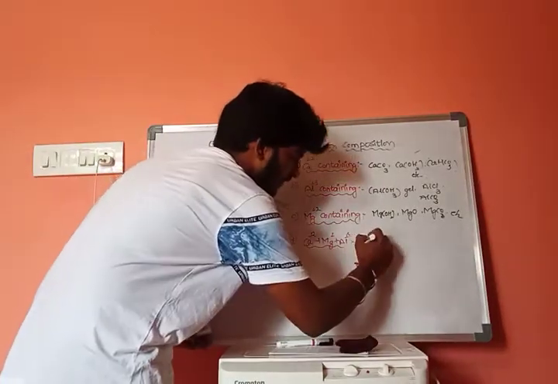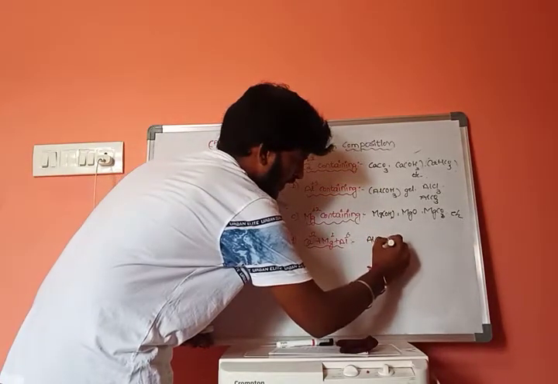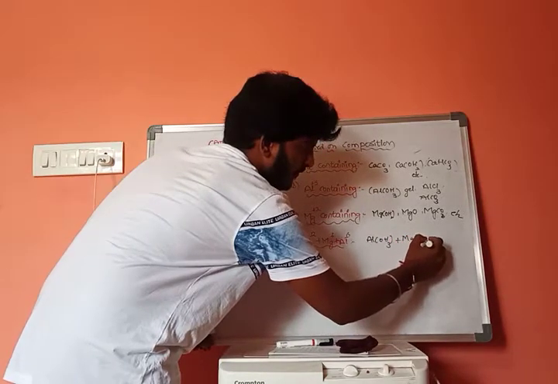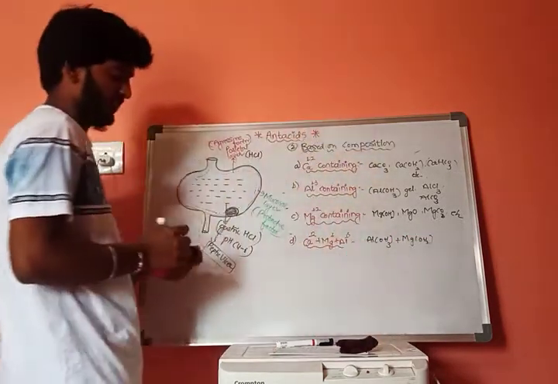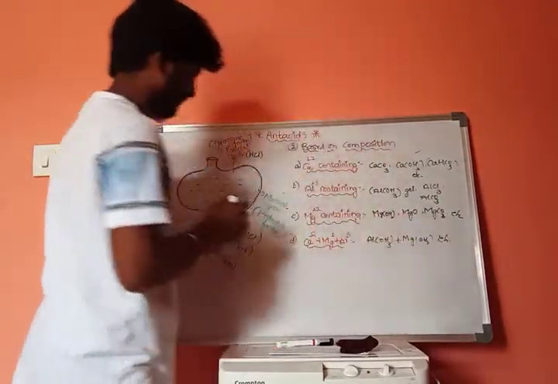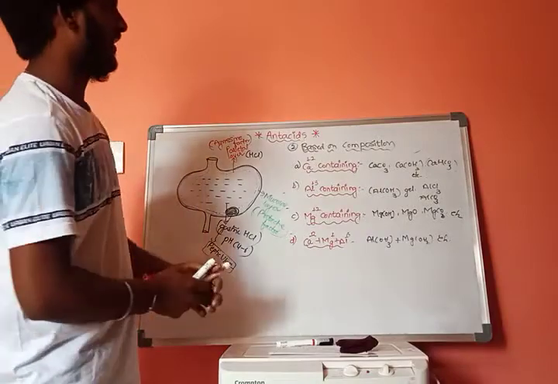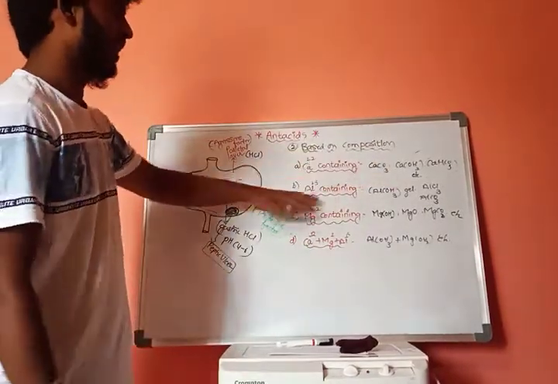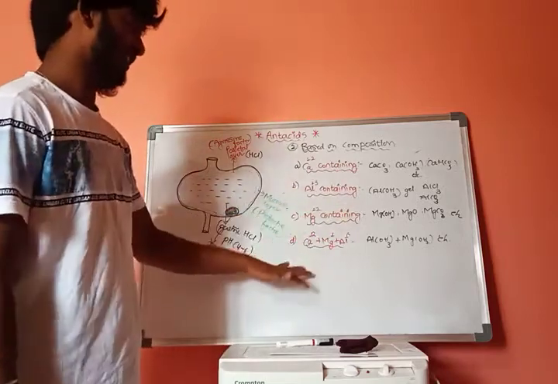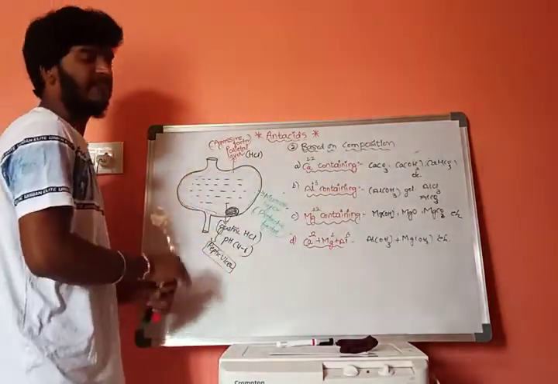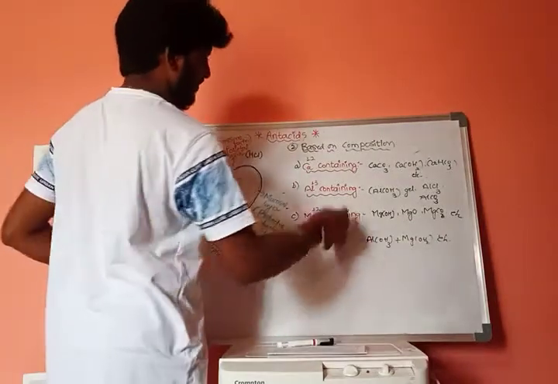Example: aluminium hydroxide gel plus magnesium hydroxide gel, etc. This is about the second category, that is based on composition. These are classified into four types: calcium containing, aluminium containing, magnesium containing, and combination of these three ions. This is about the classification of antacids.